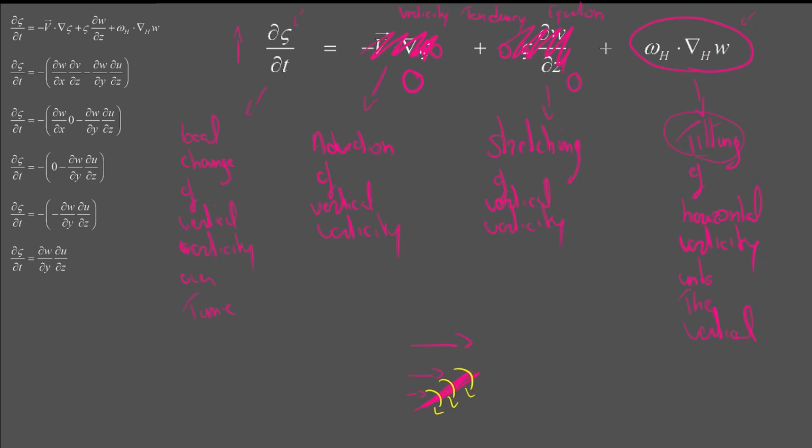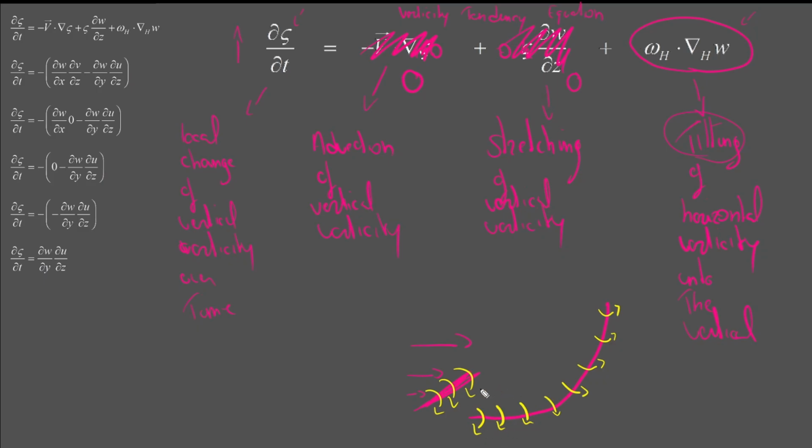We want this tube now, right? Instead of horizontal, we want this to become vertical, which means that if you now look at it, here it rotates like this, here it rotates like this, here it rotates like this, and so on around the tube.